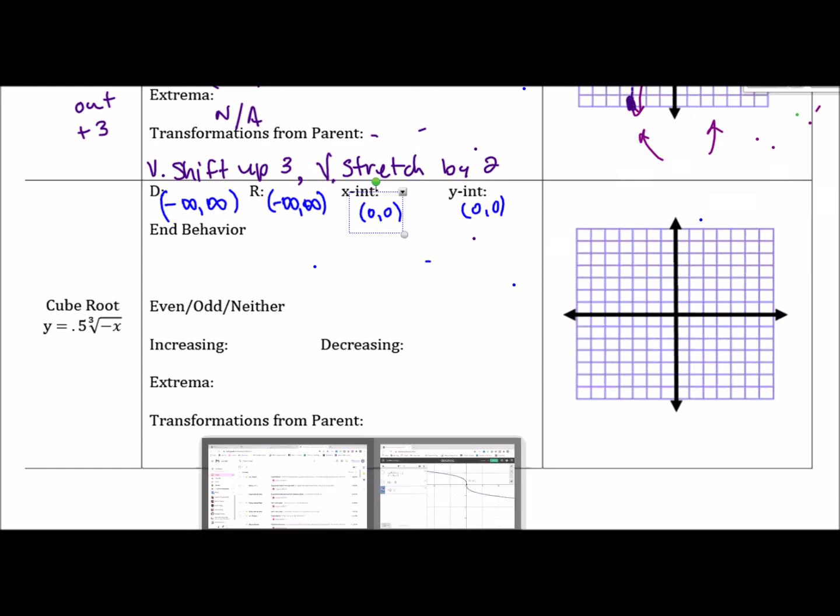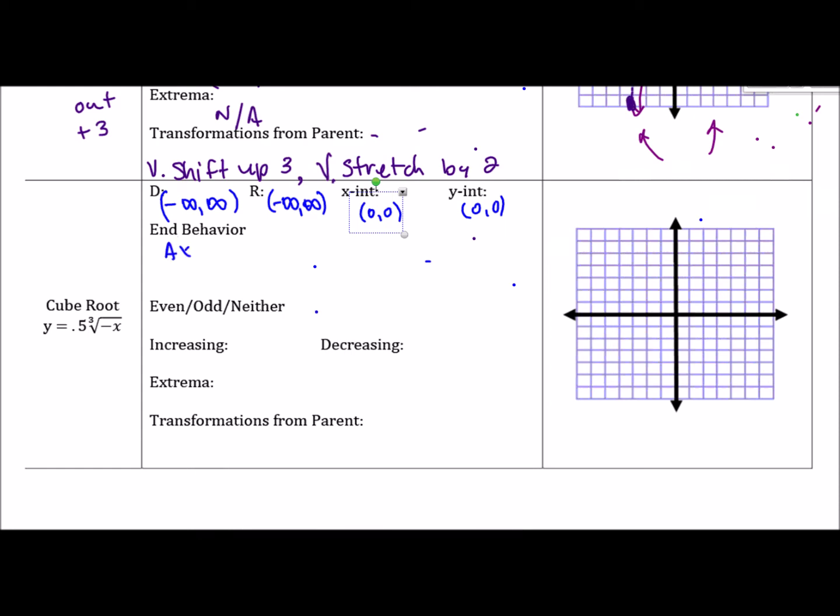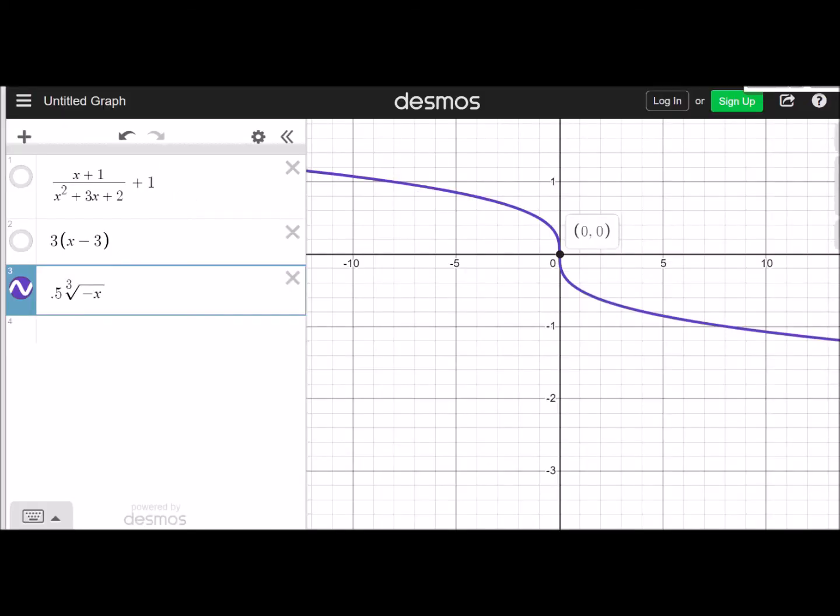All right, and behavior. So we're going to have two: as x goes to the right and as x goes to the left. Now I'm not writing infinity yet because we have to check according to our graph. So looking at that graph, if I go to the right and x keeps getting more and more positive to infinity, what are the y's doing?